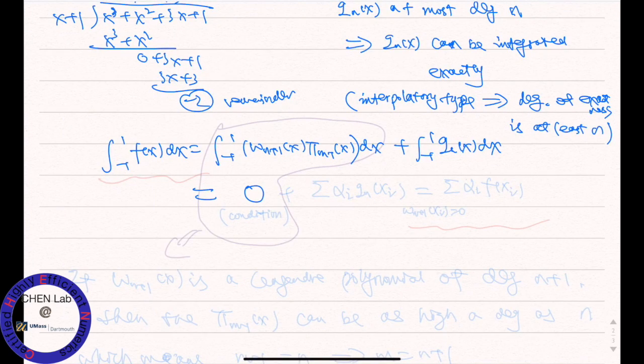Plus, qn is something that we can integrate exactly, so that's exactly equal to the summation of alpha i qn at xi. The first guy is 0, that's the condition.